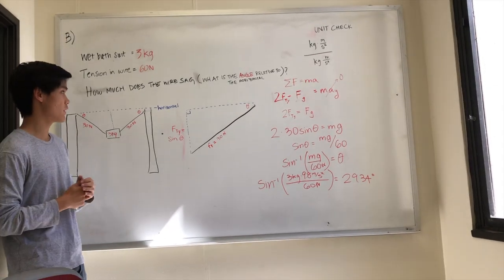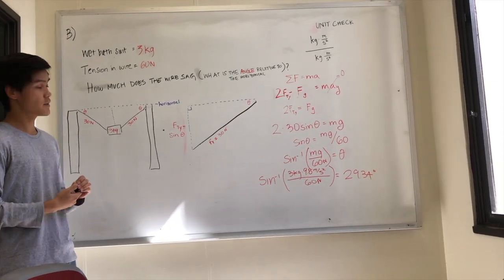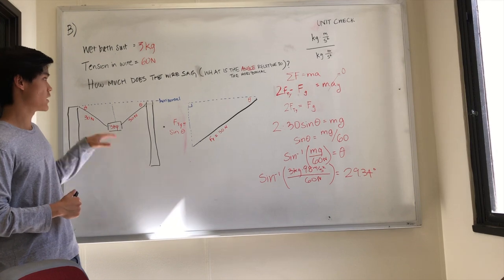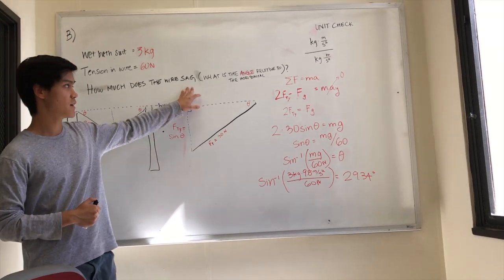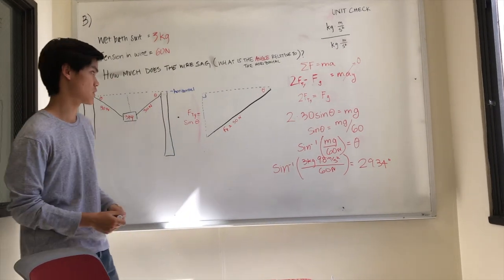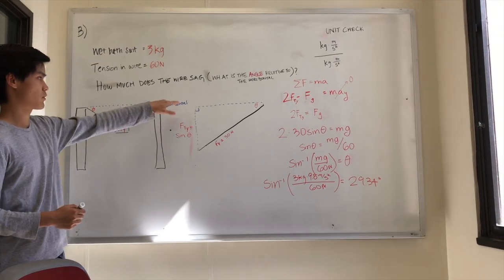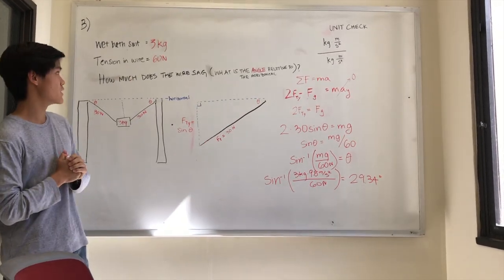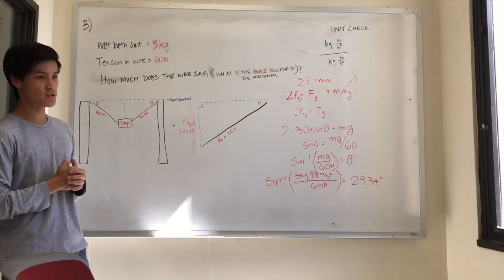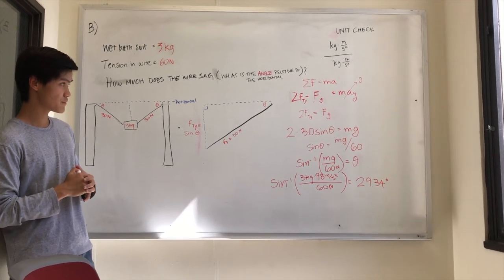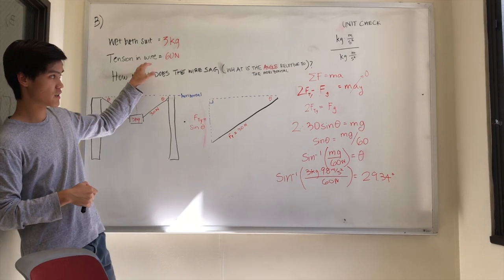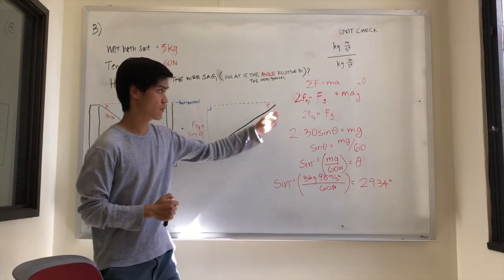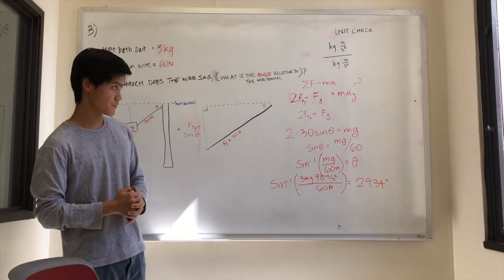So after we found the free body diagram, the next problem is to find how much the wire sags and what the angle is relative to the horizontal, this line being the horizontal. We know that our wet bathing suit is 3 kilograms and the tension of the wire is 60 newtons. By knowing these, we can use our force equation F equals ma.